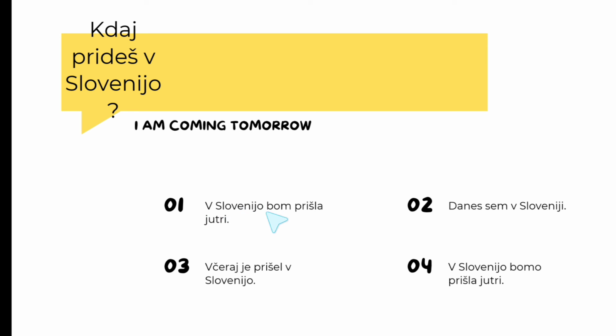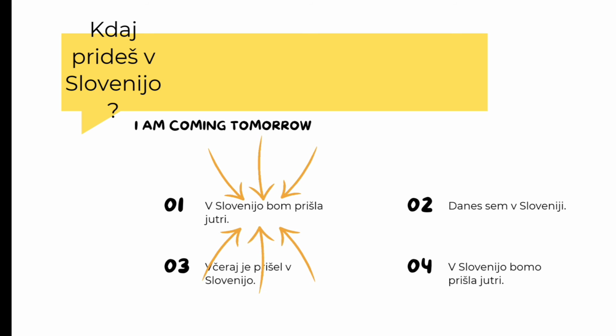"V Slovenijo bom prišla jutri." Is it 2? "Danes sem v Sloveniji." Is it 3? "Včeraj je prišel v Slovenijo." Or is it 4? "V Slovenijo bomo prišla jutri." Try to think about it and I'll tell you the answer in 3, 2, 1.